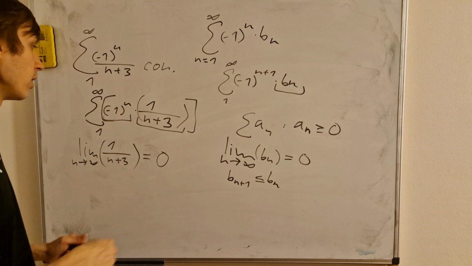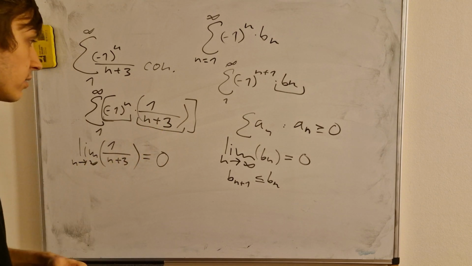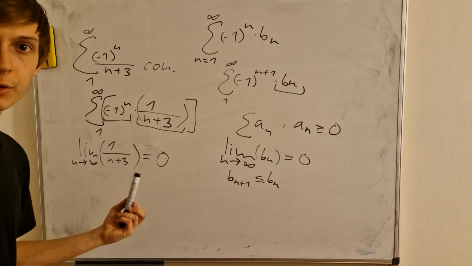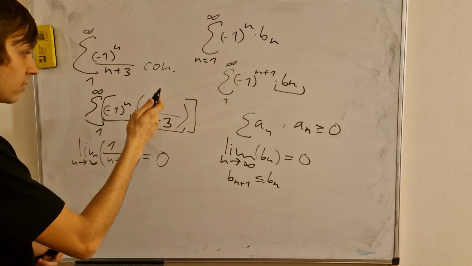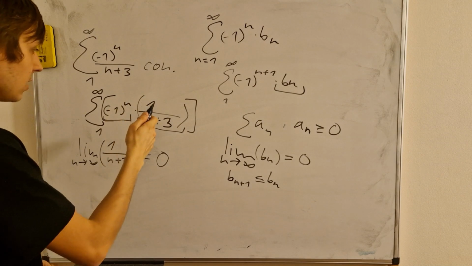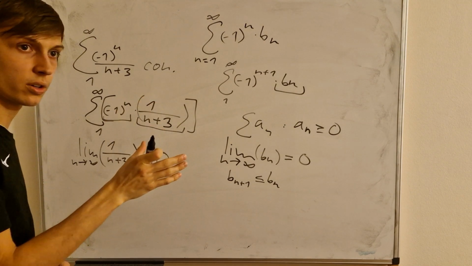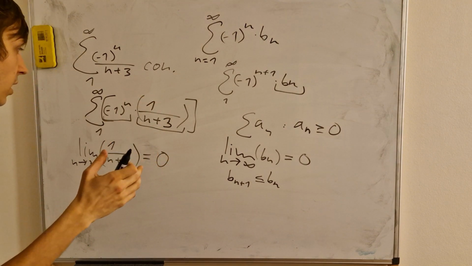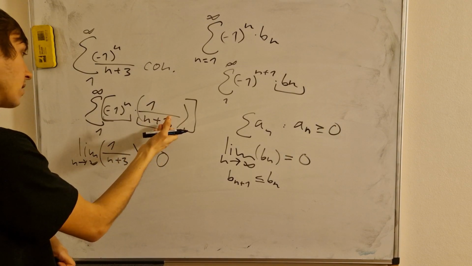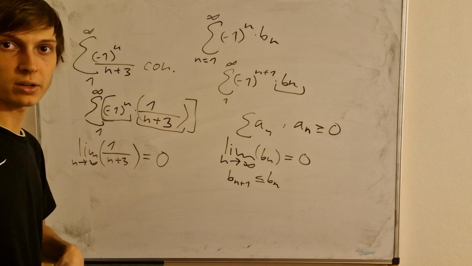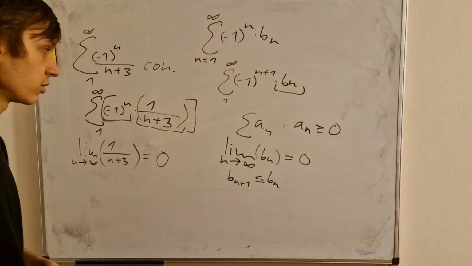It's very similar, just for the 3 added there, and as a normal series it would be divergent. Actually, this one is slightly smaller than the normal divergent harmonic series, because it has this 3 added in the denominator, but still it will diverge. There's a way to tell that.